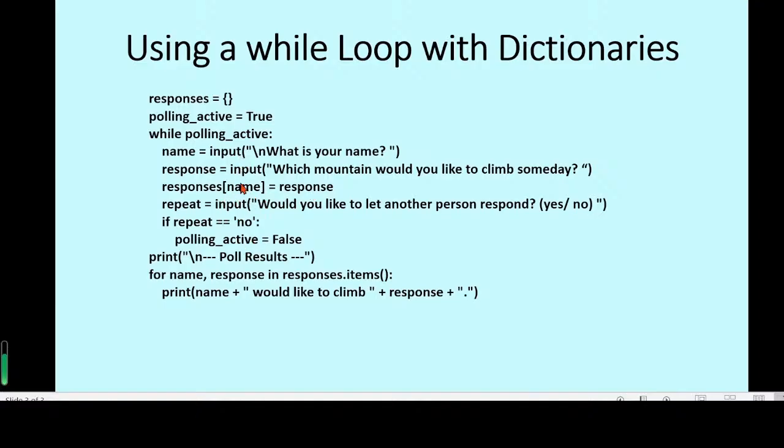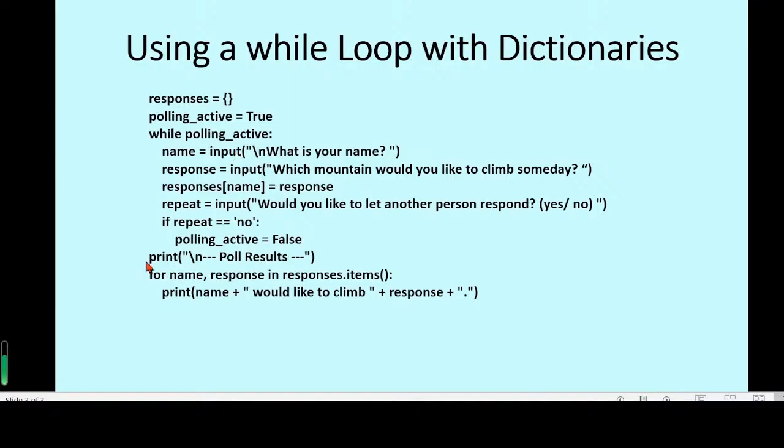So this process continues until the user enters no in the repeat input. If the user enters no, then the polling active flag will be False. So back to the while loop, polling active will not be true, then the while loop is stopped.